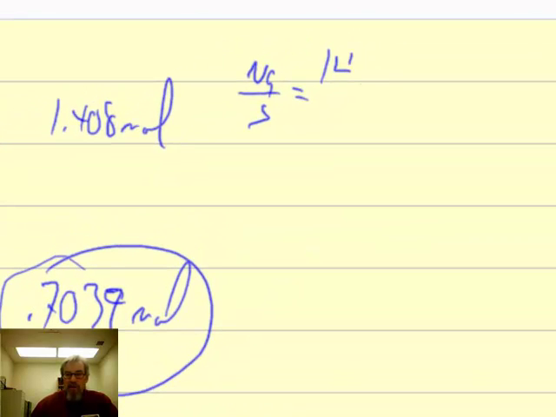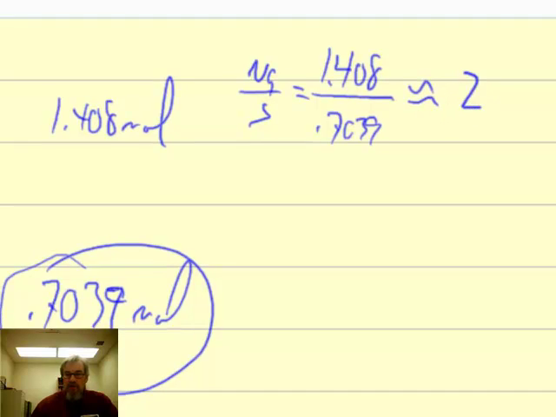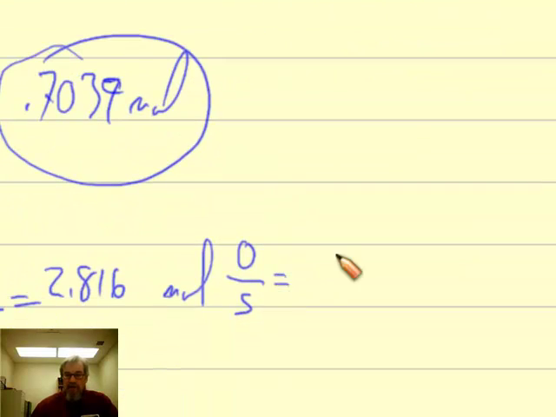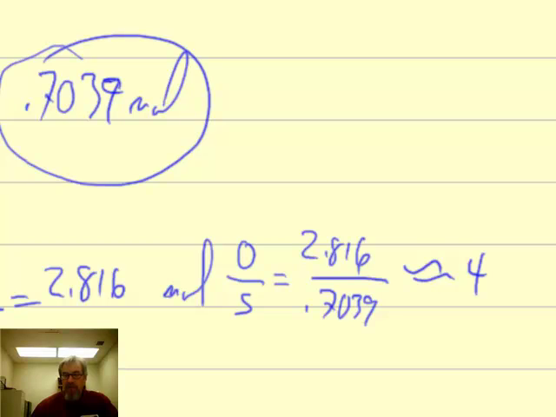Sodium-sulfur ratio is 1.408 moles divided by 0.7039 moles. This number comes out really, really close to 2. The oxygen-sulfur ratio is 2.816 moles divided by 0.7039 moles. This number comes out really, really close to 4, within a few hundredths of 4.